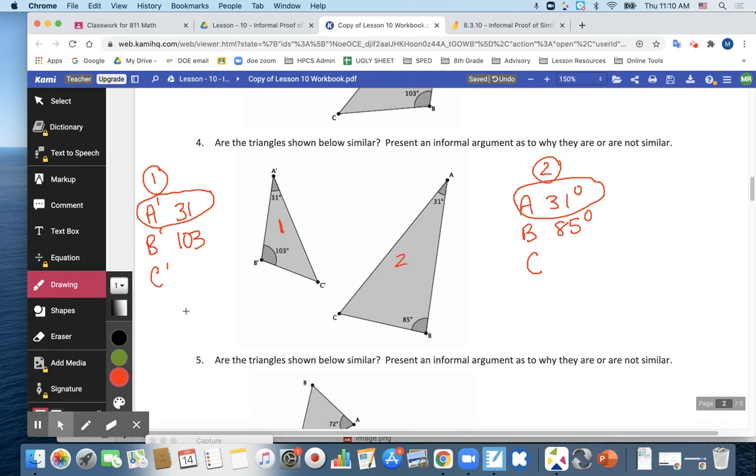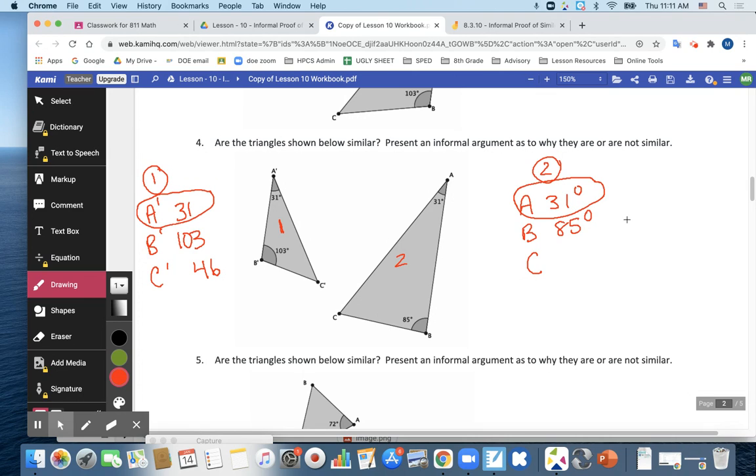So I'm going to add these two up, 31 plus 103, and I'm going to use my sum theorem rule, right? So 31 plus 103 is 134. Take that away from 180. It's 46.